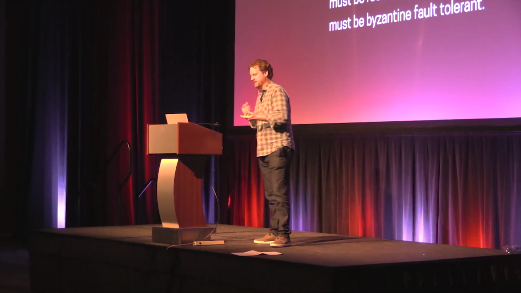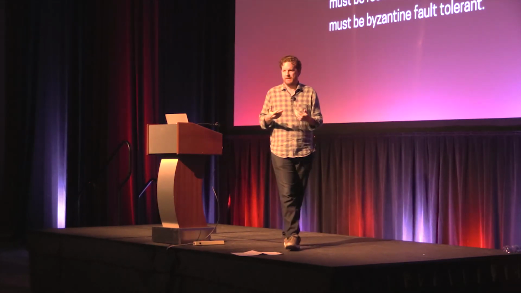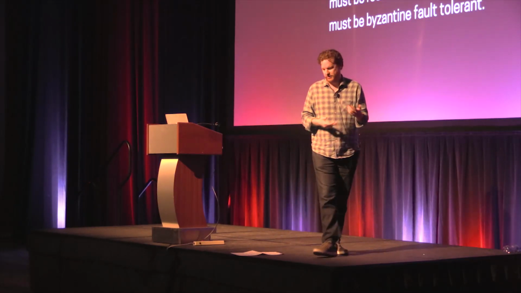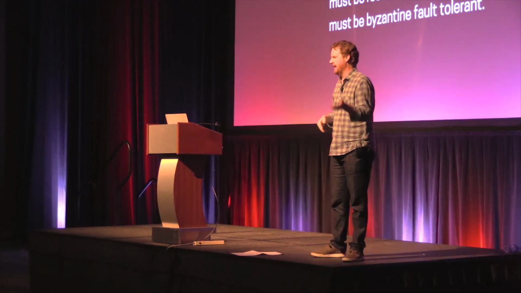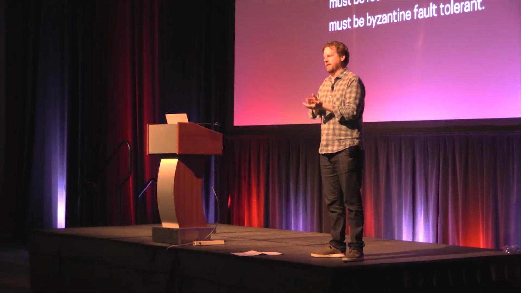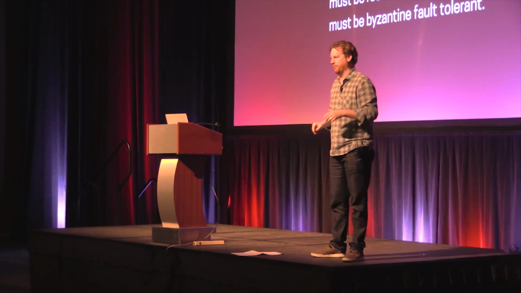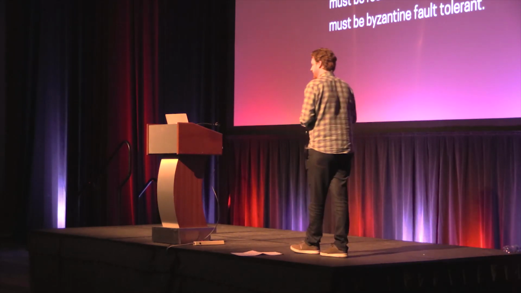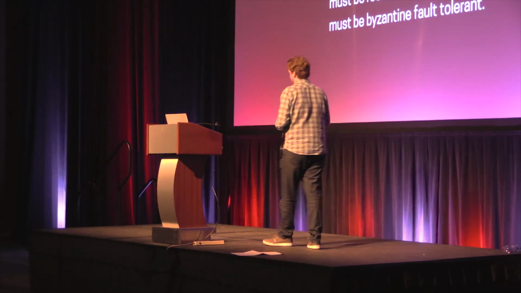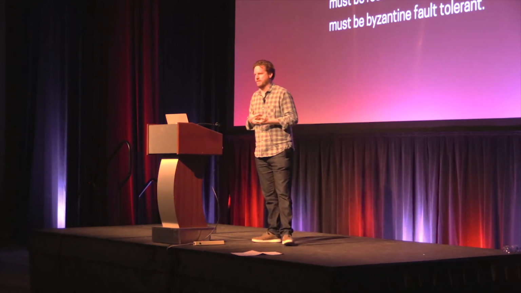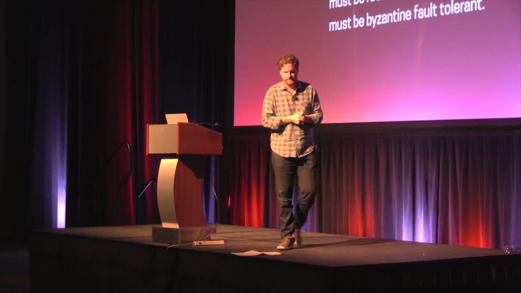So the problem is, what if there's a traitor in the mix? What if there's someone feeding bad information? Say half say they're going to attack, half say they're going to retreat, and then the last deciding vote tells the first half attack and the second half retreat, and they would split up the network. So it's an important characteristic, especially in full public blockchains, that we need full Byzantine fault tolerance.